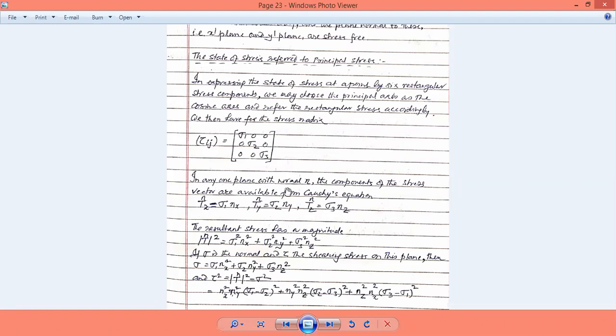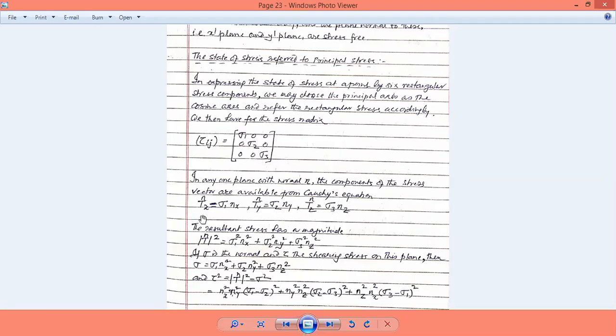In any plane with normal n, the components of the stress vector are available from Cauchy's equation: Tx to the power n is sigma 1 nx, Ty to the power n is sigma 2 ny, and Tz is sigma 3 nz.